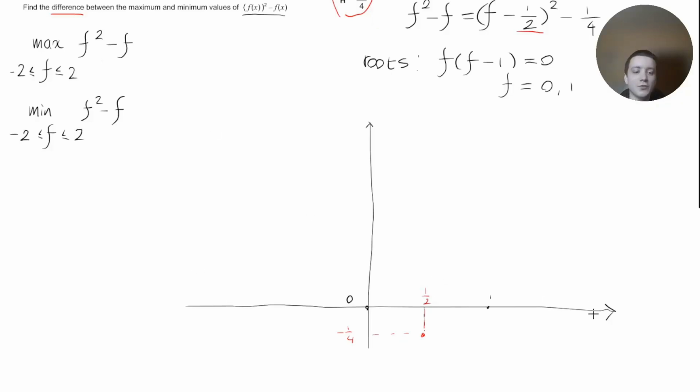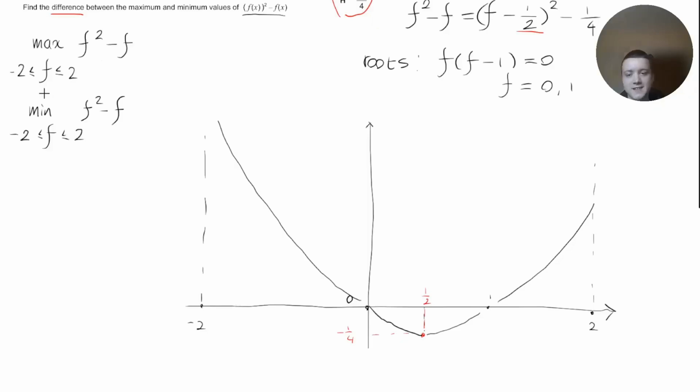And we shouldn't forget, of course, that we are sketching within a boundary. So we're sketching between -2 and 2. Finally, this is a positive quadratic. So we have something like a U shape, and every quadratic is symmetric around its turning point.